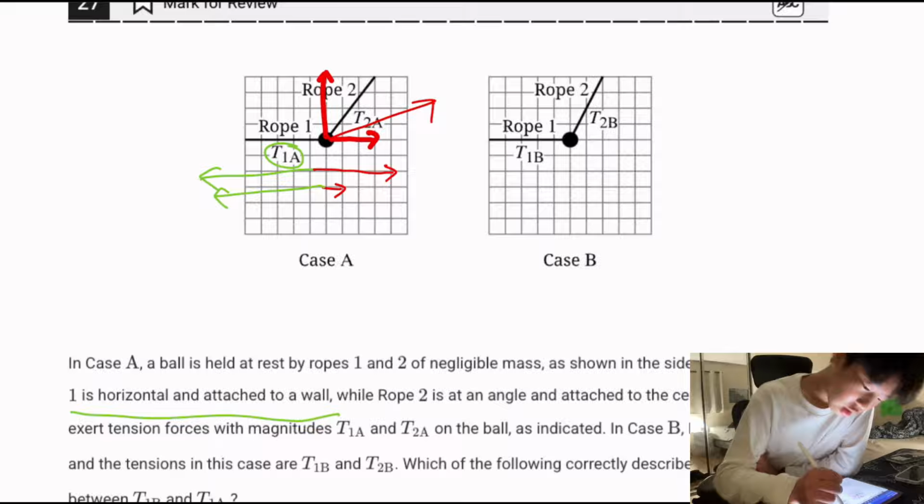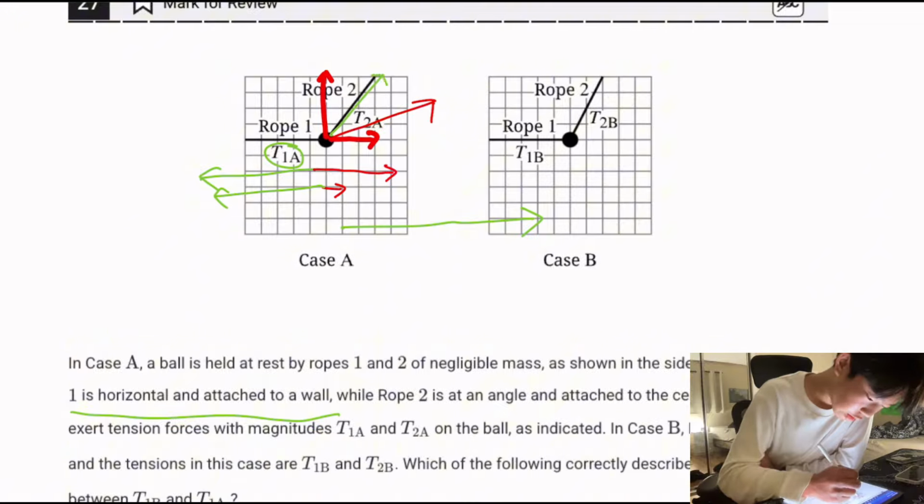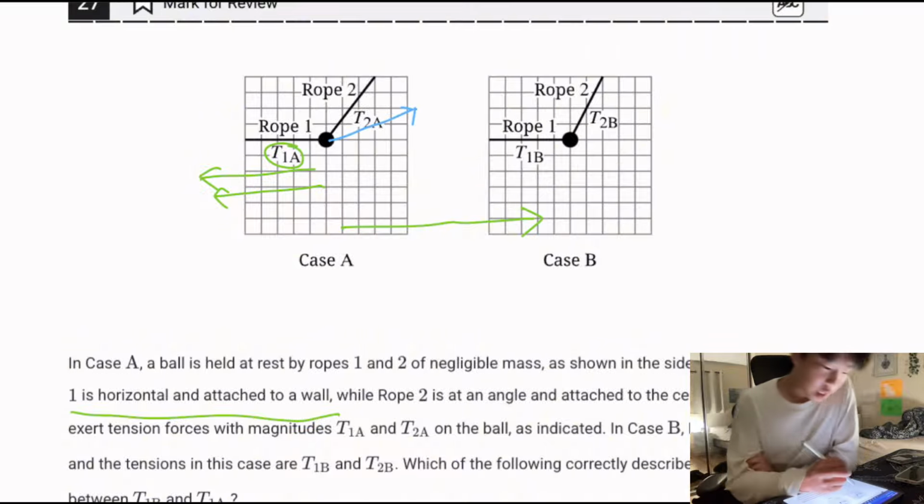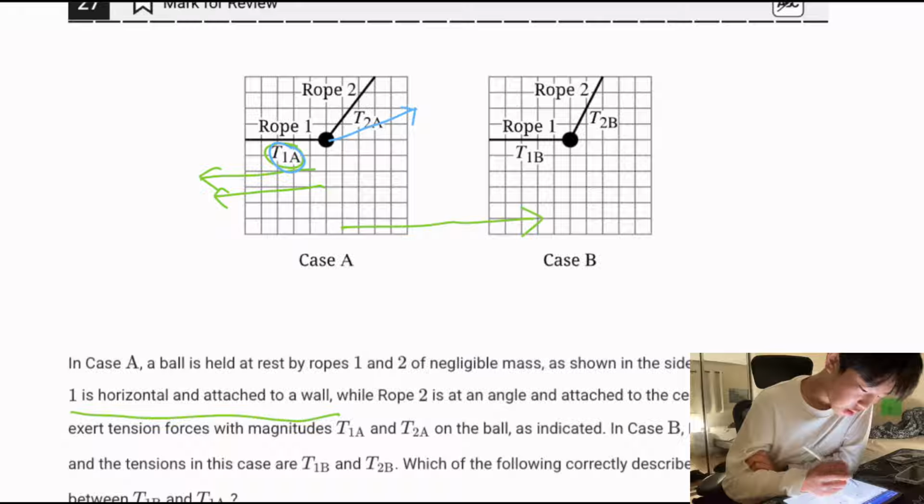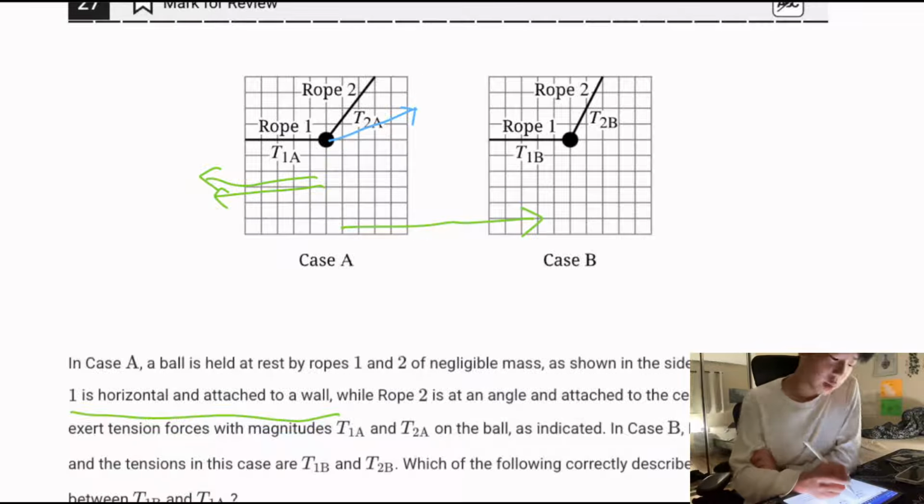So the longer or the more horizontal the force is, like this one right here, let me give you an example. If it was going like, let me just erase all this. If the force was going this way, the tension would be a lot greater in T1A because it would have to use a lot more force to balance out the horizontal force here, right?